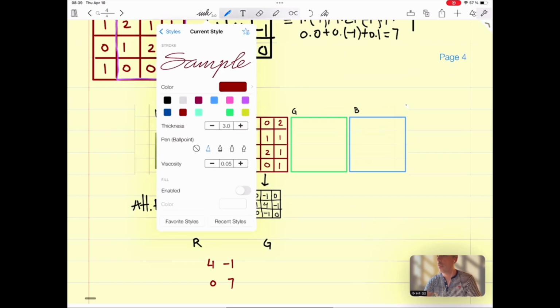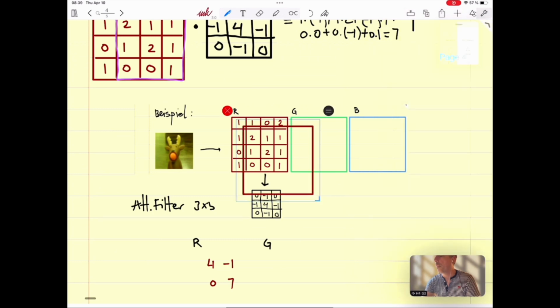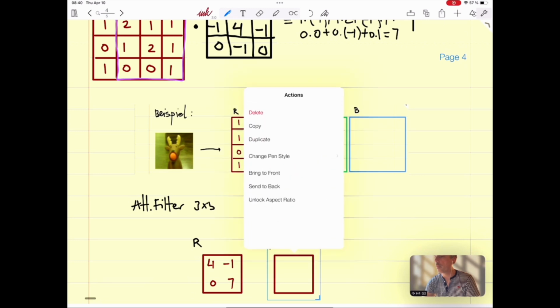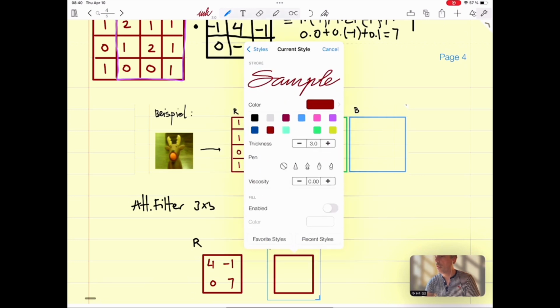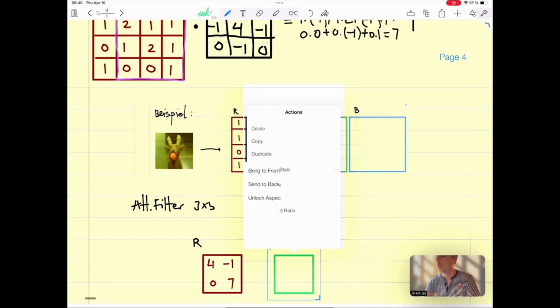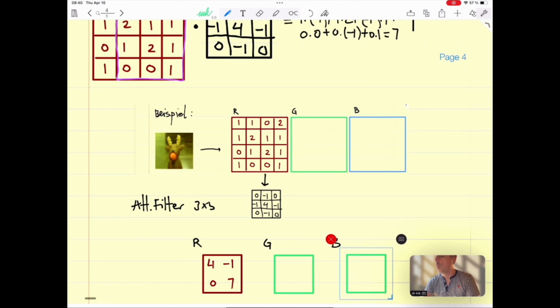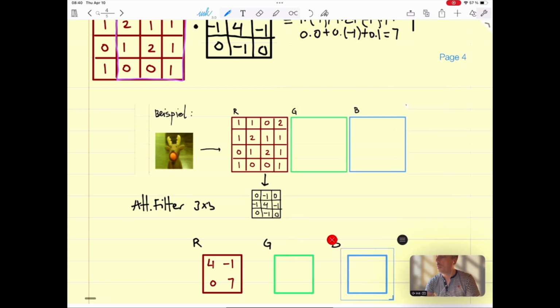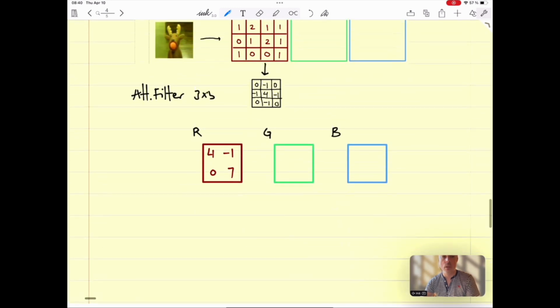So we have our red channel, our green channel, and our blue channel. And this is after one filter. We can make another filter and so on and so forth.